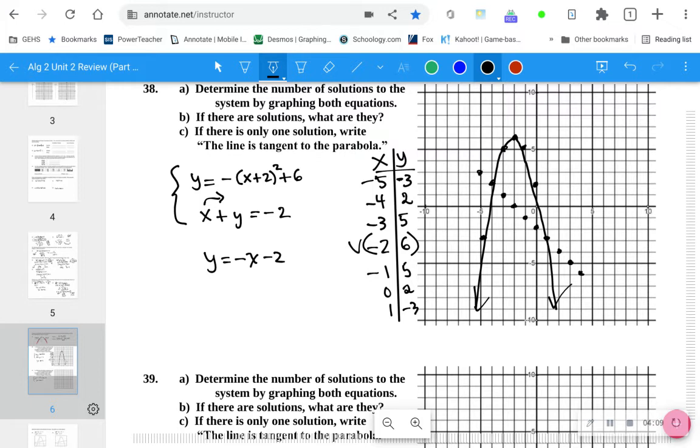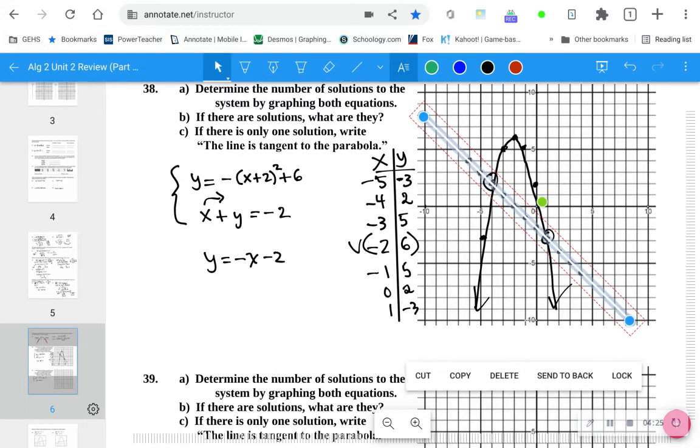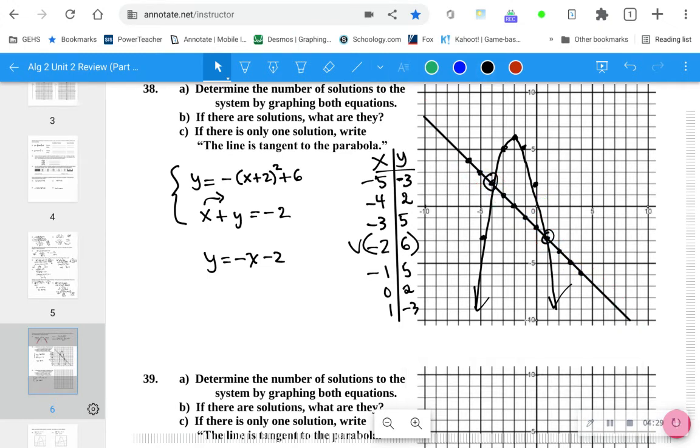And we're looking for the solutions. There's one there where they cross and another one there when they cross. Let me go ahead and get my line drawn here. Hang on. Got to get this line drawn here. And for some reason it's wanting to draw a white line there, but there it is. Okay, there's 2 intersection points.